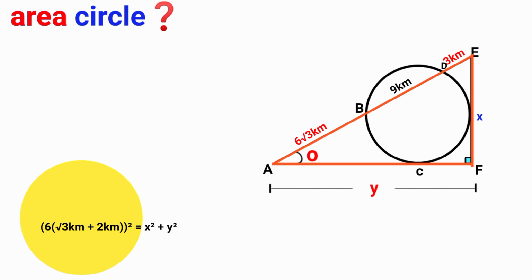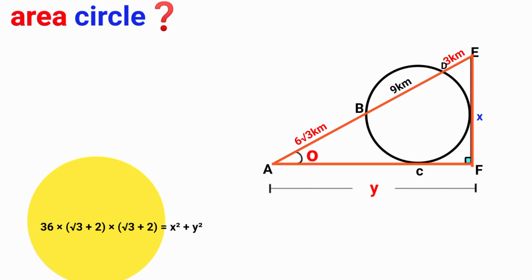Let's take out the unit. 6 into bracket (√3 + 2) all squared is 6 squared times (√3 + 2) all squared. 6 squared is 6 times 6, which is 36. And (√3 + 2) all squared is (√3 + 2) times (√3 + 2), which is √3 times √3 plus 2 times √3 plus 2. √3 times (√3 + 2) is 3 + 2√3.